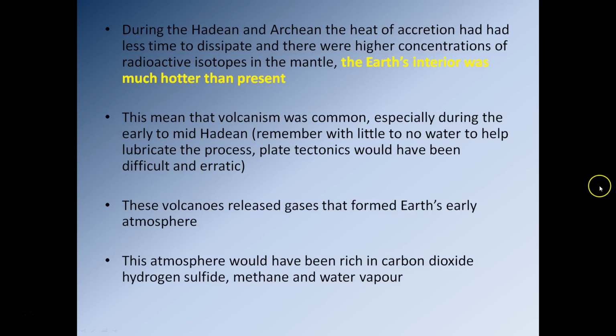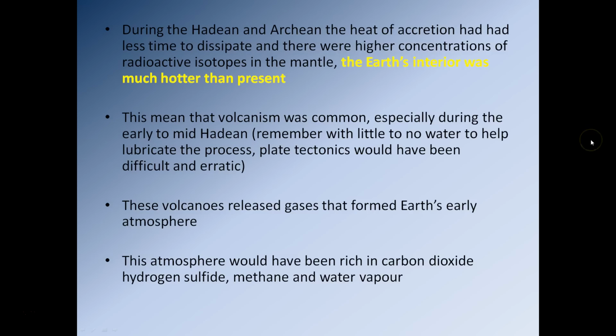So during the Hadean and the Archean, the heat of accretion had less time to dissipate, and there were higher concentrations of radioactive isotopes in the mantle. That meant the Earth's interior was considerably hotter than it is now. If you remember, the heat of accretion is the energy essentially that was put into the Earth every time an impact occurred as the Earth was building itself through accretion.